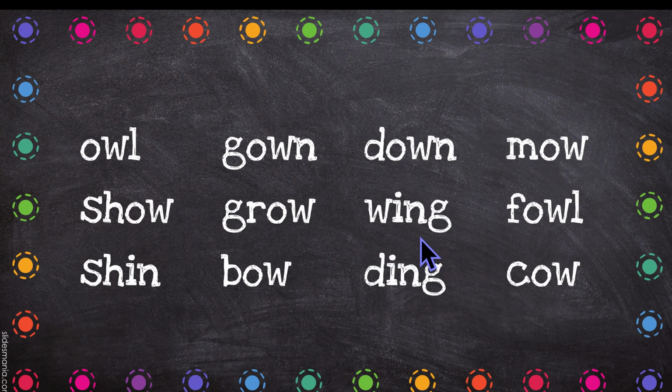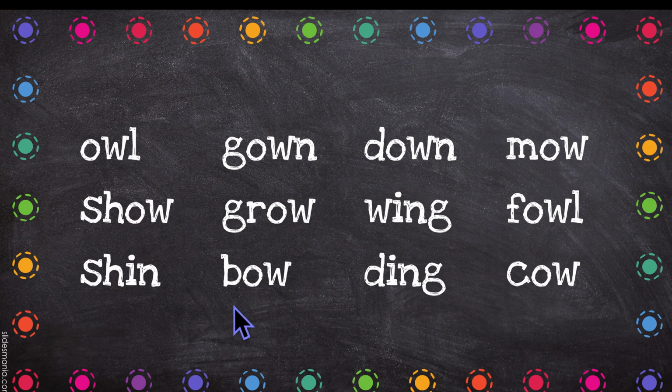W-ing, wing. F-owl, foal. Now let's try with the ow sound. F-owl, foul. Sh-in, shin. B-o, bow.